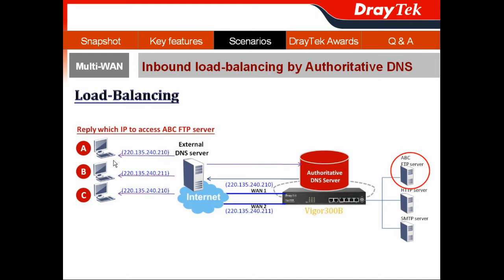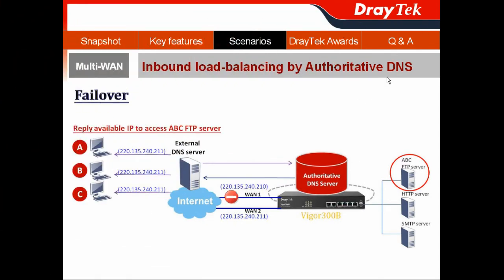For example, PC A got 210, PC B got 211, PC C got 210. So different PCs access different WAN IPs in order to get load balancing for accessing the ABC FTP server.